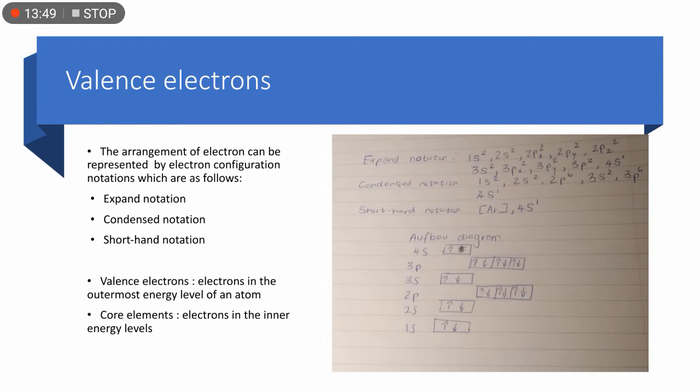Then we go on to the fourth energy level, which is the s orbital, occupied by 1 electron. In this scenario, when we identify the valence electron of potassium, it is on the fourth energy level, occupied by 1 electron.